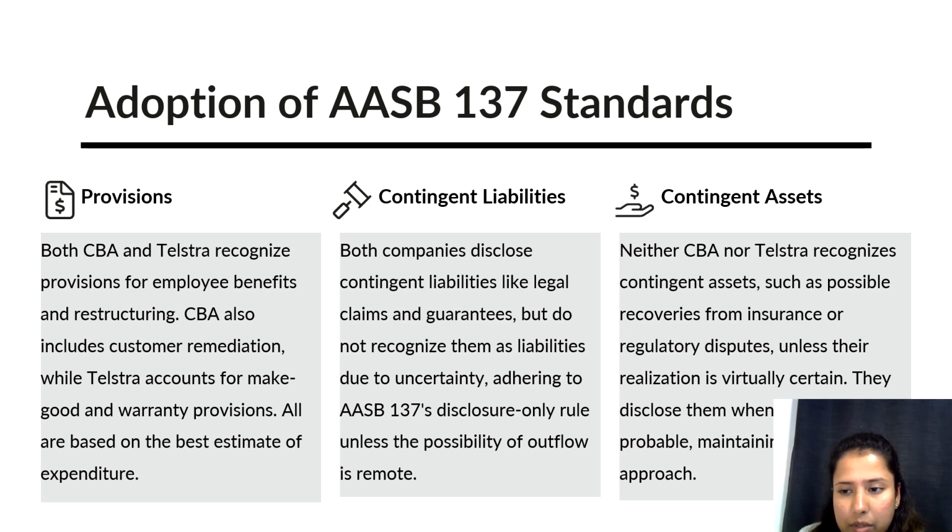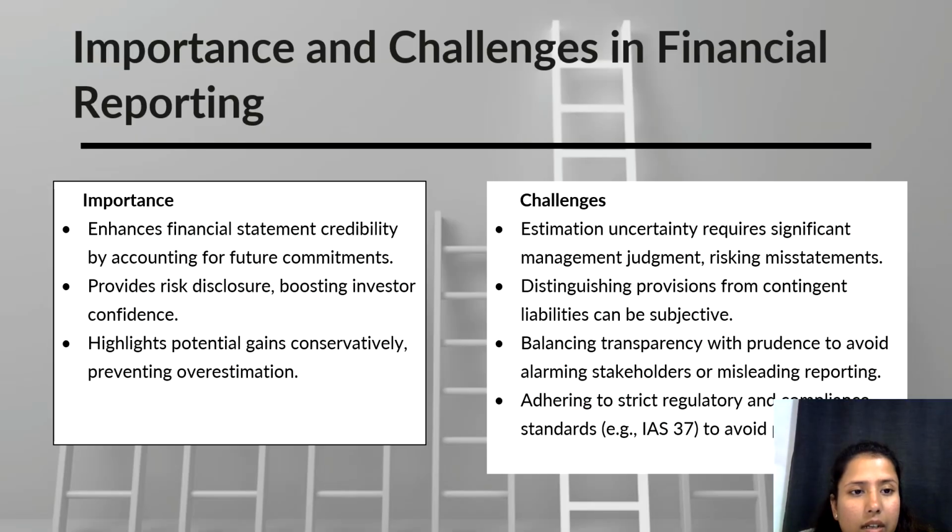Moving on to the next slide. So here it talks about the importance and challenges faced by most of the companies while reporting provisions, contingent assets and contingent liabilities in the financial statement.